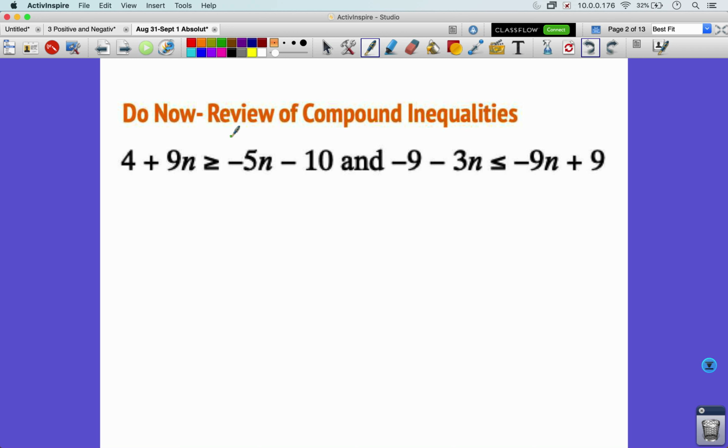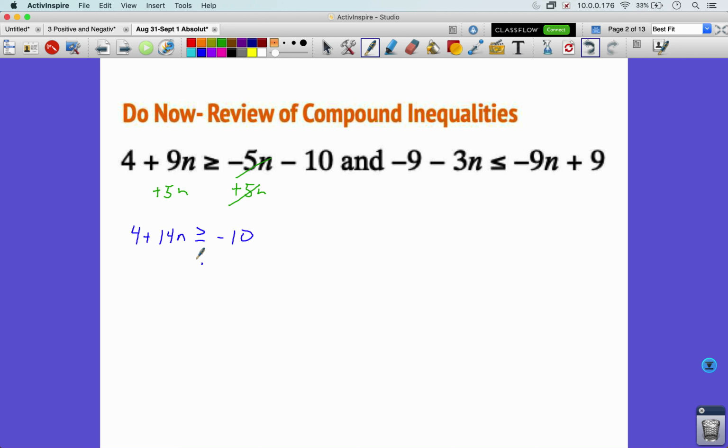So in solving this, I want to isolate my variable on the left side of the inequality symbol. That means moving this negative 5n over to the left. Do that with an inverse operation, adding 5n to both sides, cancels on this side. On this side, it becomes a 14n.